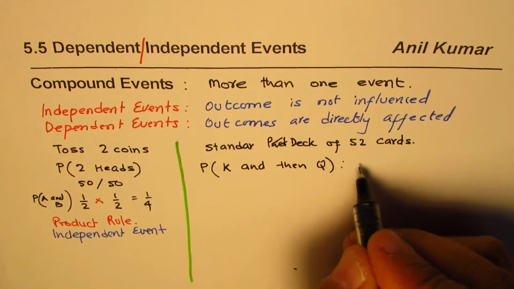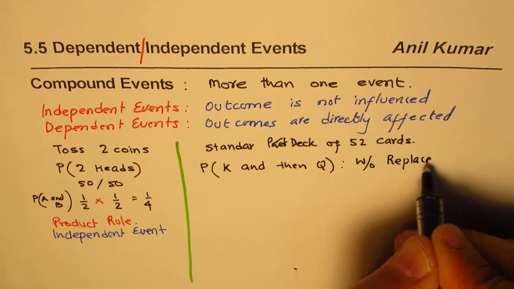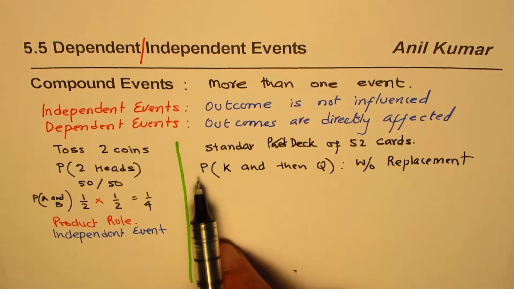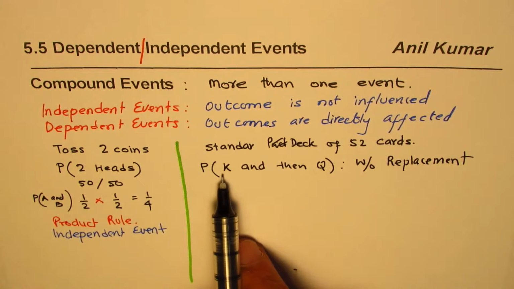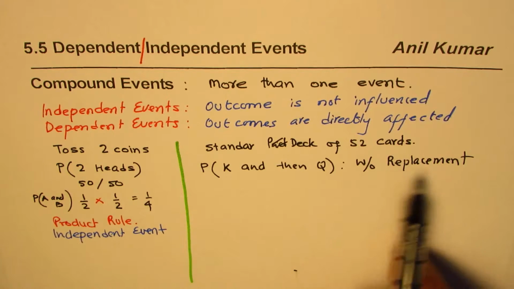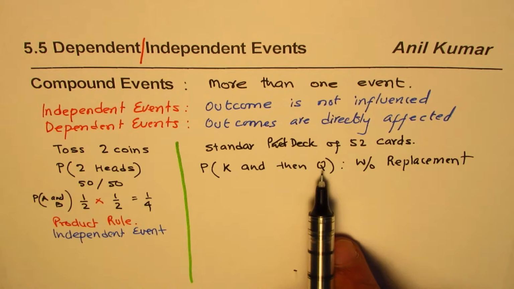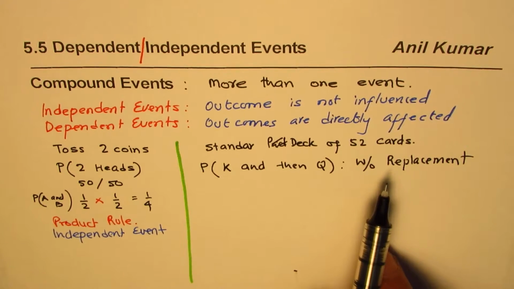This is being done without replacement. So we have two events here. The first event is we draw a card, and what's the probability of getting a king? Then we do not replace that card, and we draw another card. What is the probability of getting a queen? Correct? So that becomes a dependent event.